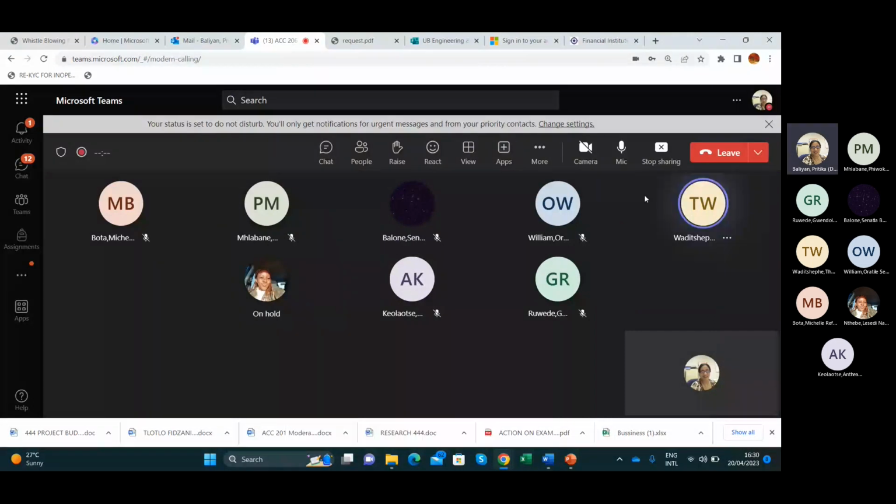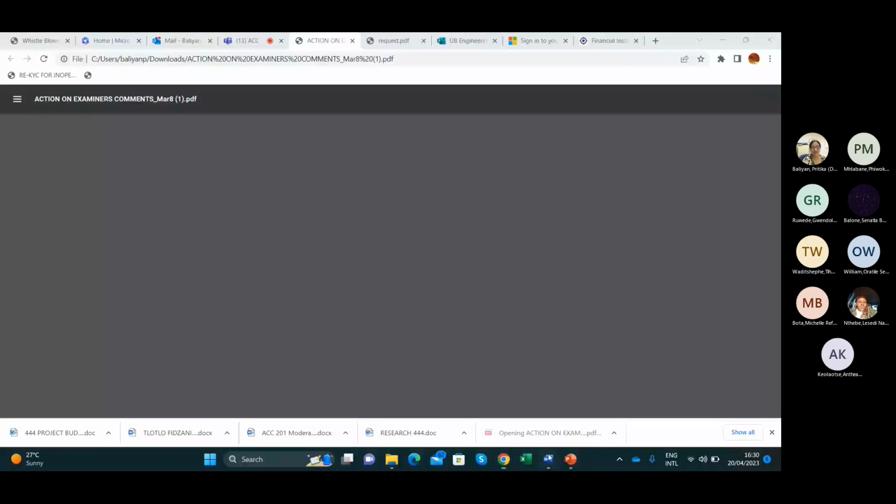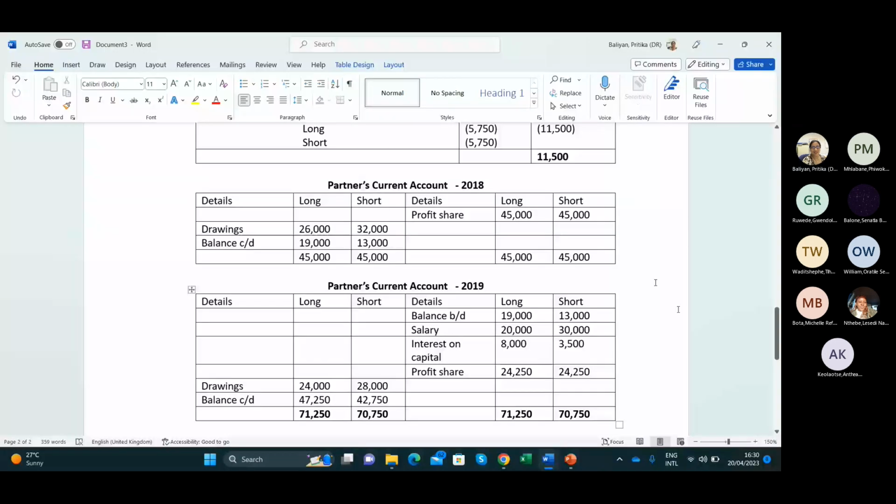Okay, so this one will show the deficit balance for the year 2020, right? So you have to subtract the drawings, because here you will show the interest and profit.